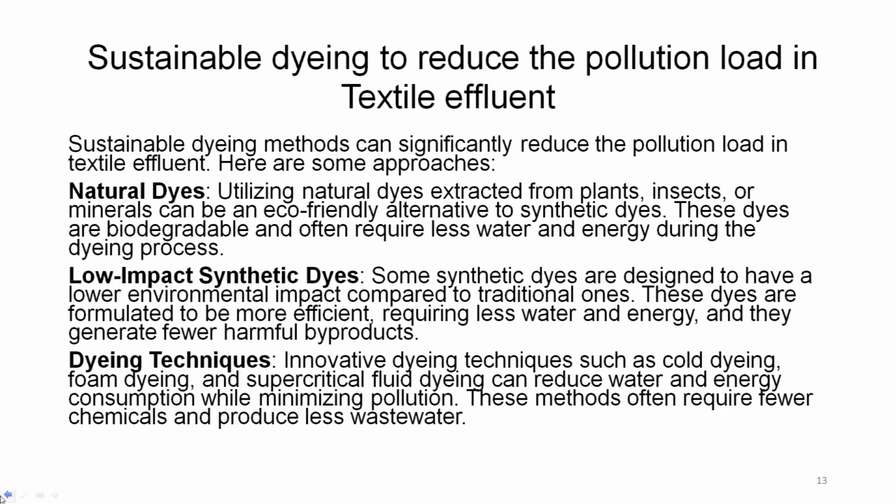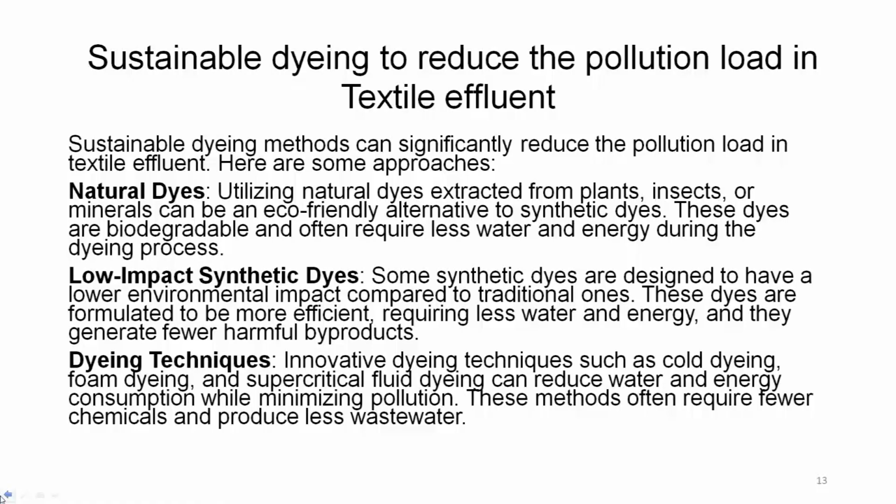Sustainable dyeing to reduce the pollution load in textile effluent. So, let us move on to how we reduce the pollution load at the very onset. Sustainable dyeing methods can be significantly used to reduce the pollution load in textile effluent.